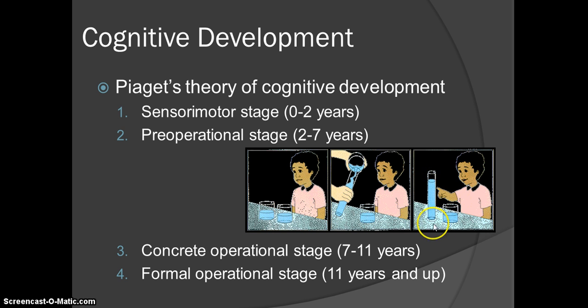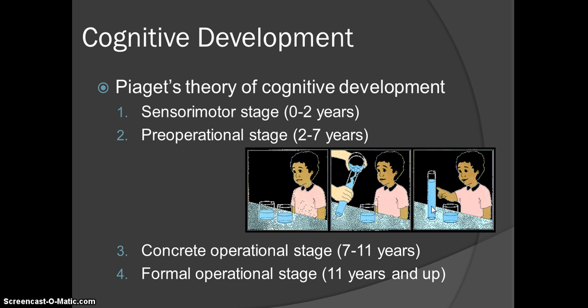Which beaker has more water in it? Hopefully, all of you said both of them have the same amount of water. However, children between the ages of 2 and 7 most often point to the taller one. Even though they saw that both had the same amount of water, after the pouring, this one looks like it has more water in it.